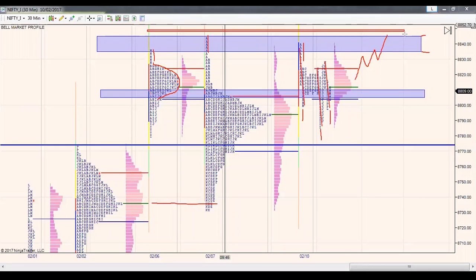Many people must have put their stop losses in this range, because 3 times it was rejected. If we can take these stop losses out, then definitely a lot of people will be forced to cover. So what we need is either to open directly here, find acceptance and move higher, or maybe open inside, drive out, first absorb supply here, move higher, find some acceptance, and then again move higher. So this is the bullish scenario.